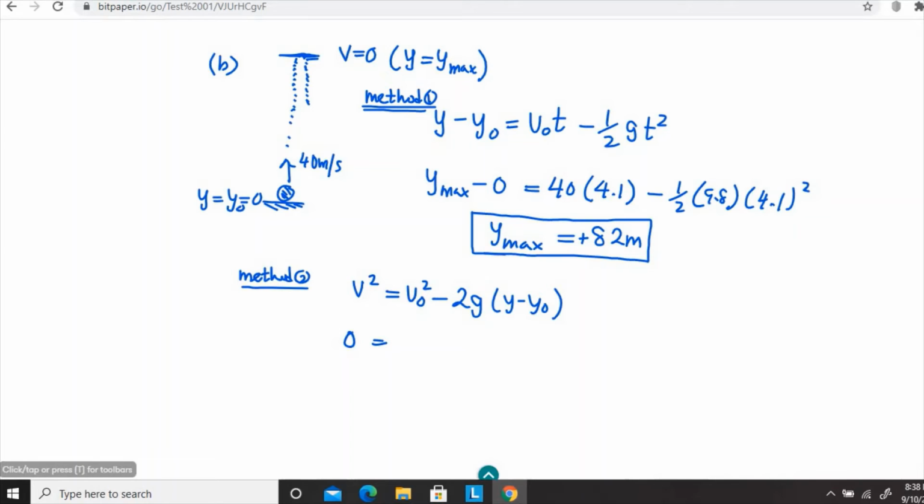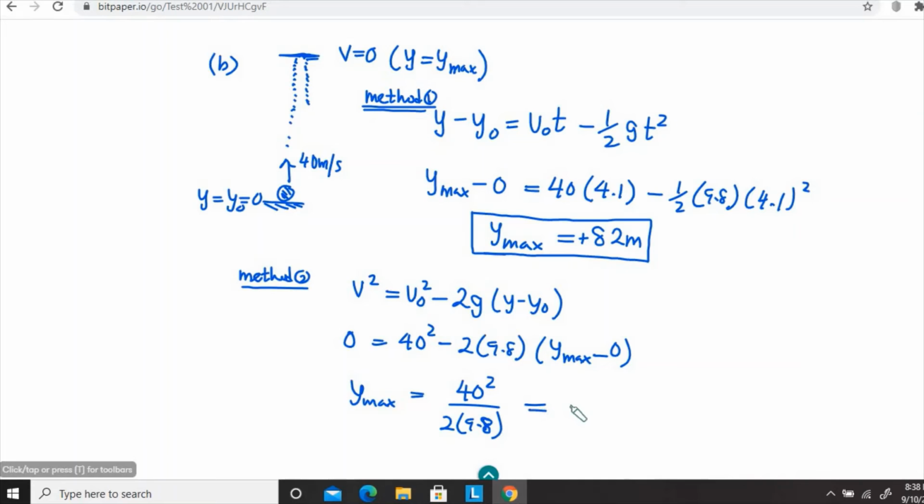Velocity initially is 40, but we have to square that, minus 2 times 9.8 times y, the final coordinate, y position, and that is my y max, minus y naught, which is 0. From here we can solve for y max. Y max would equal 40 squared over 2 times 9.8. Then again you are going to get the same value of 82 meters.